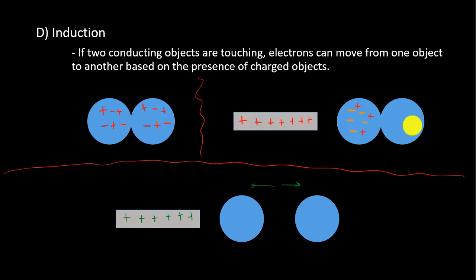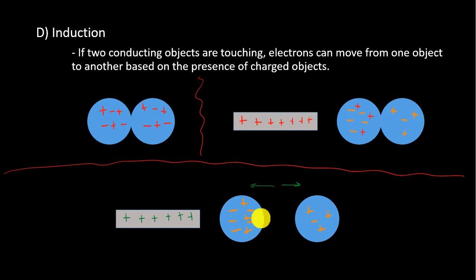Maybe they all don't move over, but some of them will. If I keep those original pluses, notice what I've done. Just by bringing something close by, this side is now negative, there's more minuses. This side is now positive, there's fewer minuses. Nothing positive moved over. If I then separated my 2 objects, I have charged these 2 objects without even touching them.